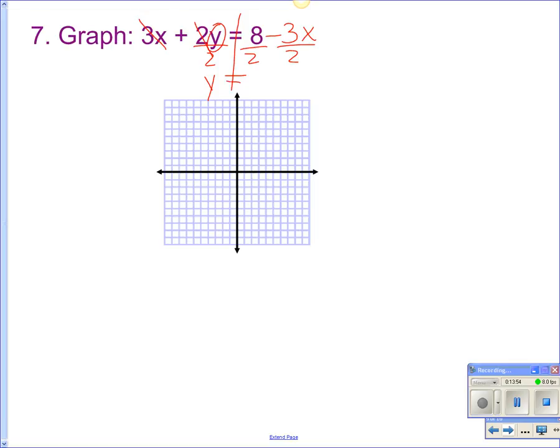So I'm going to get y equals, Gracie, 8 divided by 2? Ethan H, -3 divided by 2. Zaria, what's my M? Good job, girl.